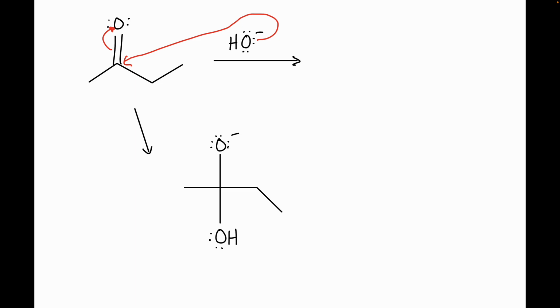So just like before, we're going to need a proton donor. With your Grignards, you do this second step, this acidic workup. Under basic conditions, in this case using the hydroxide ion as nucleophile, we're going to do this under aqueous conditions. So we've got water molecules floating around, and that will be our proton donor under basic conditions.